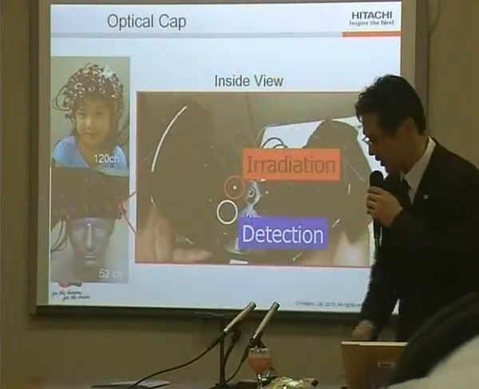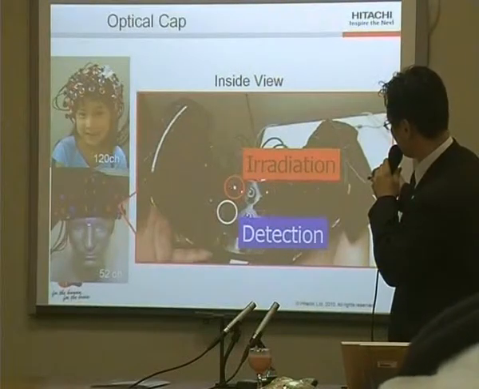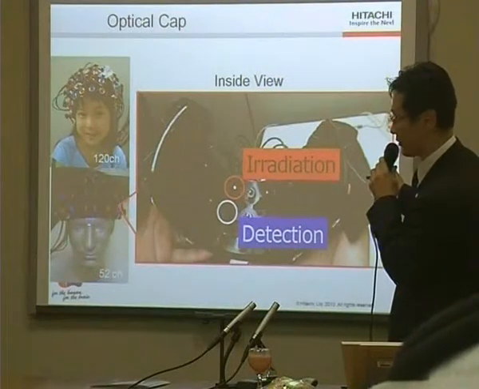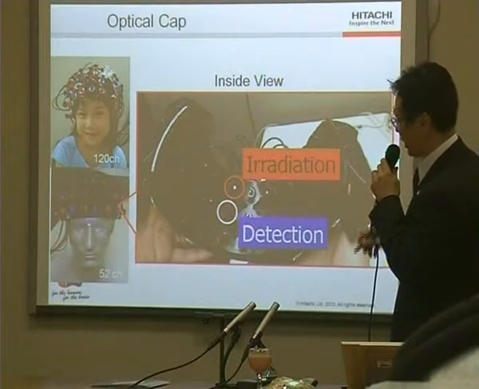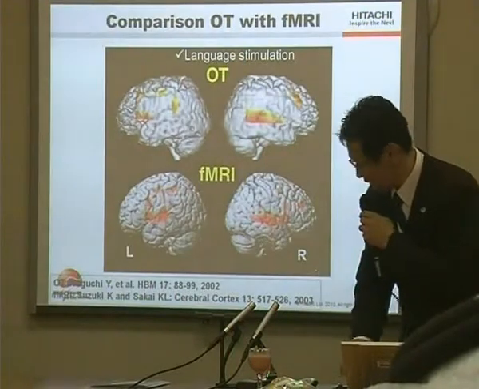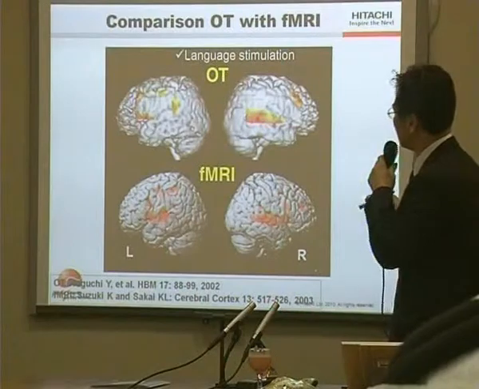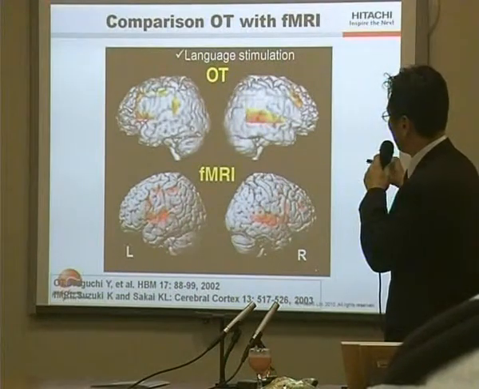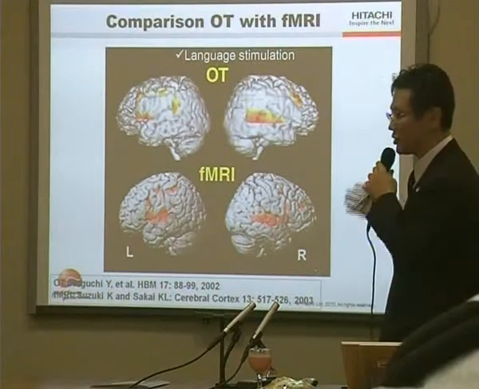And this is the inside of the optical cap. This is the irradiation light, and the black one is the detection light. And we compared the results using optical topography and functional MRI for the language test.